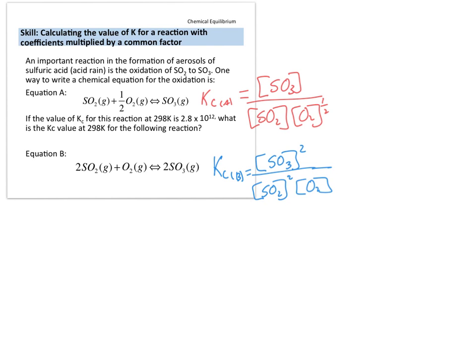So let me put it in numbers. Equation B is obtained when you multiply equation A by a common factor of 2, so I'm going to write down n equals 2. We see from the expression of equation B that Kc of B equals Kc of A raised to that common factor, which is equal to n.